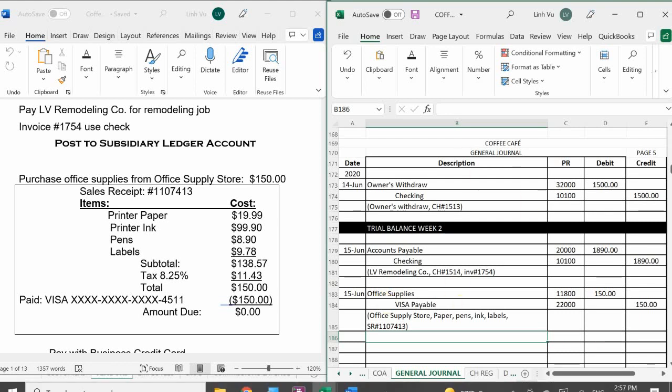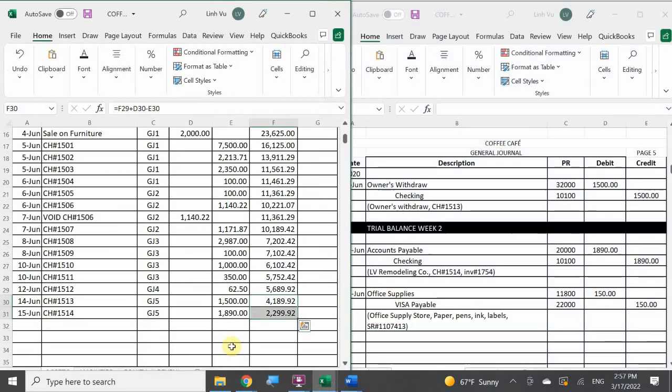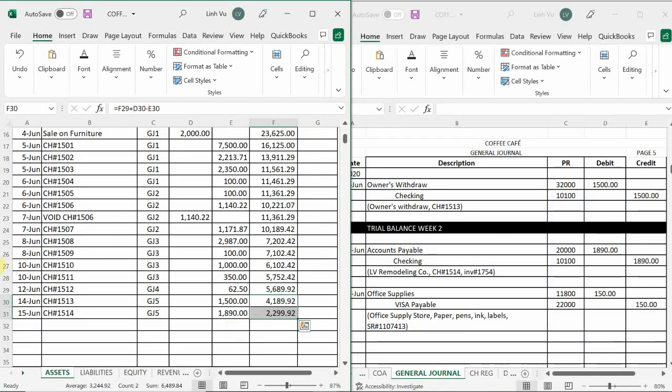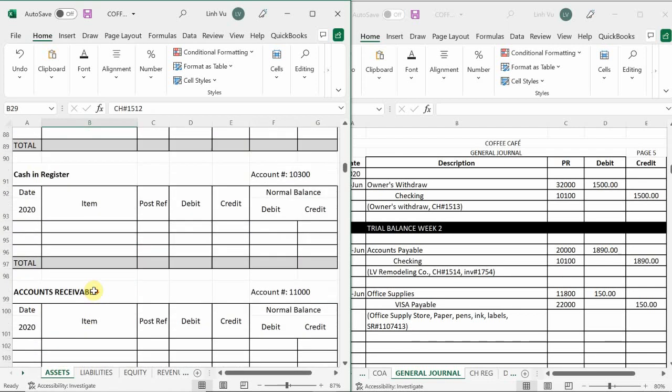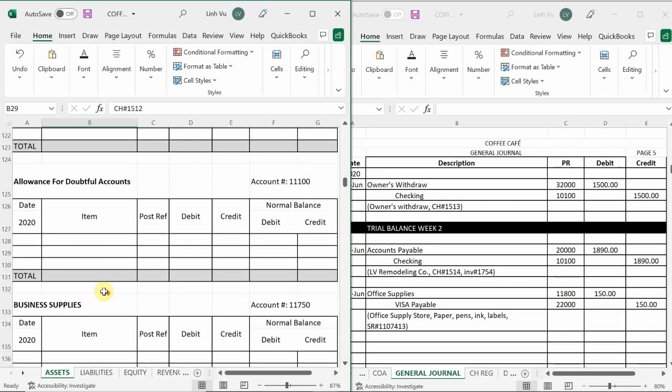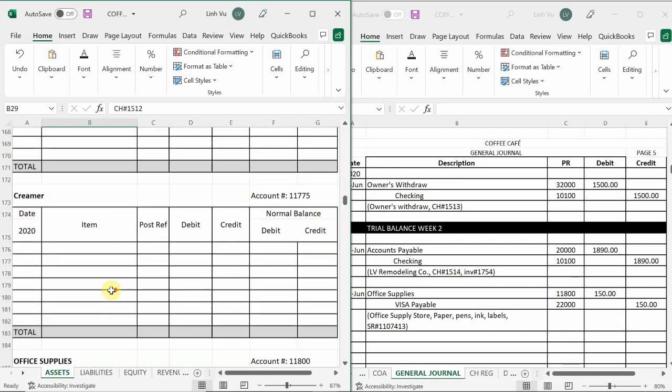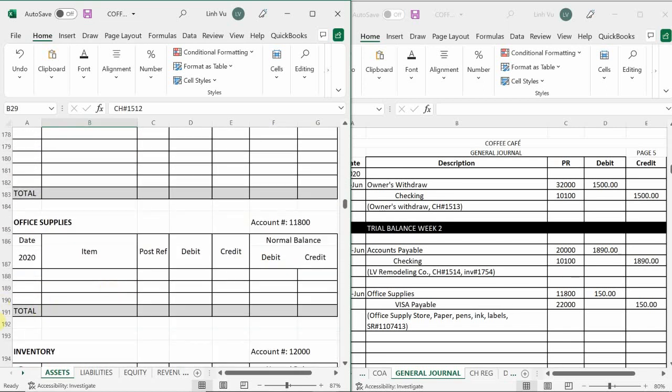We're going to plug it into the ledger. Okay? So, office supplies is an asset. Okay, here we go. Office supplies. What do you want to put in the notes? Okay, you want to list out all the stuff?